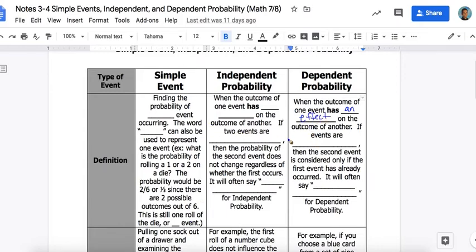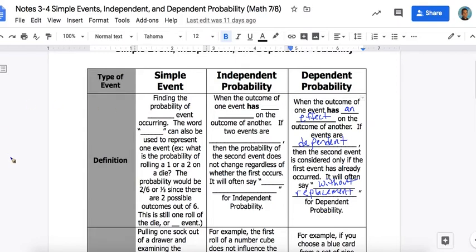If events are dependent, then the second event is considered only if the first event has already occurred. It will often say "without replacement" for dependent probability.